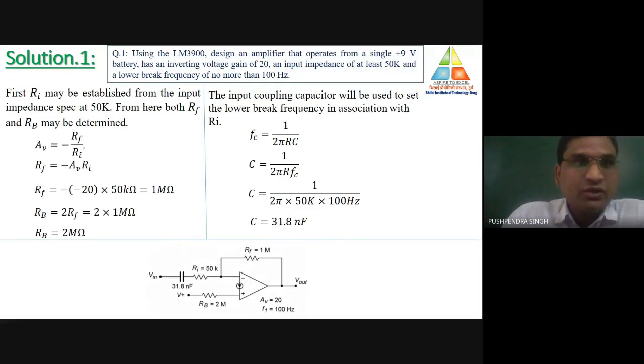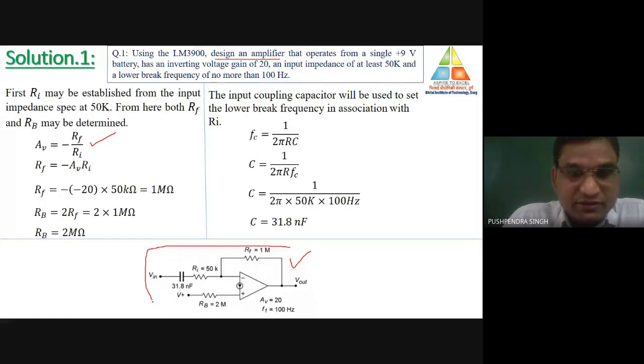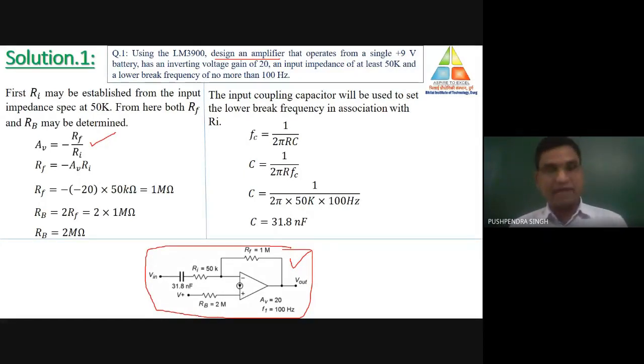So what I told you, how to calculate the value of gain. Gain is equal to minus RF by RI. From there, what will be the value of RF? So first, one thing you need to remember, we need to design the amplifier. Design, that means we need to design this circuit. And in this circuit, what are the unknown parameters?